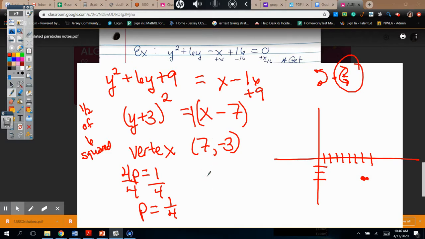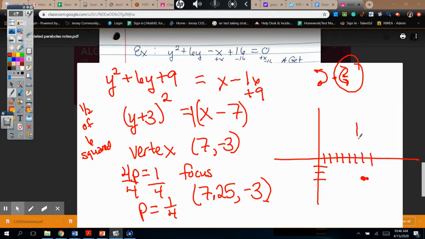So this time I'm not over 7. I'm over 7 plus the 1/4. So 7 plus 1/4 is either 7.25, or you can change it to a fraction if you need to. But I'm still down 3.